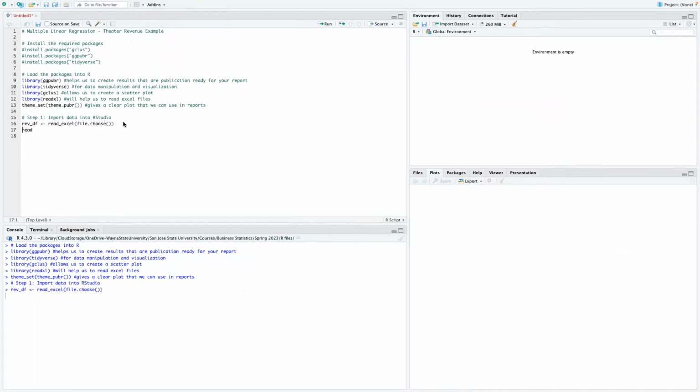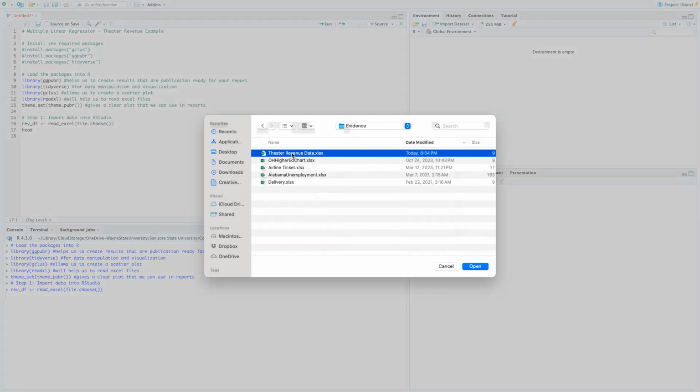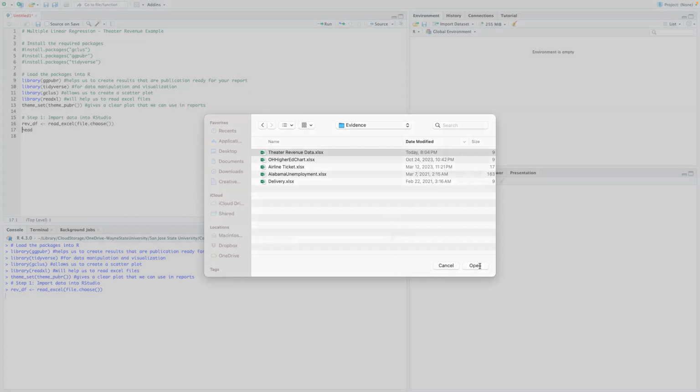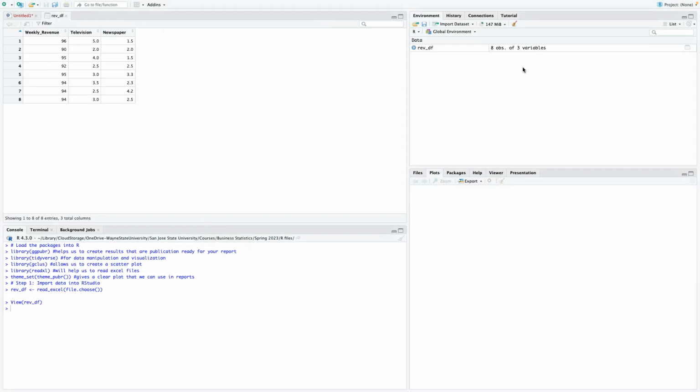Let me load the file first. So, theater revenue data, open. If we visualize our data, you can see how clean and neat it is, and you can see our 8 observations, right? So it's neat, it's nice, and we can basically start doing our analysis with this data.